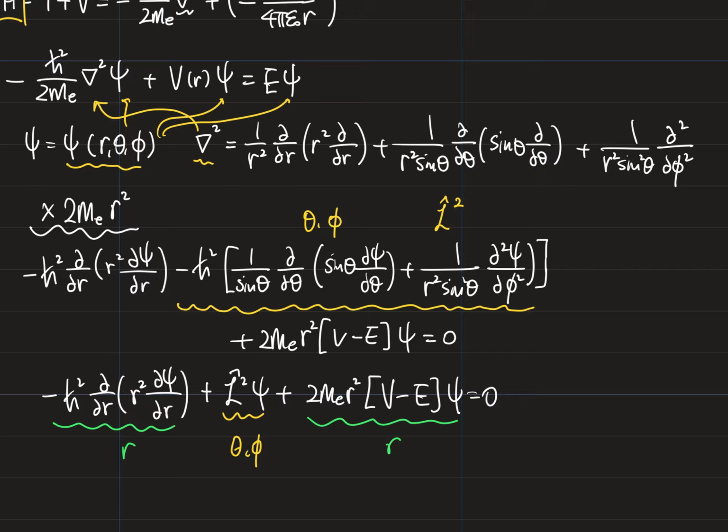Before we try to solve this equation, let's talk about the number of nodes in the wave function, especially for the angular part. I think all of you are very familiar with the concept of a node, right? We are discussing orbitals, which are basically the wave functions of atoms or molecules.